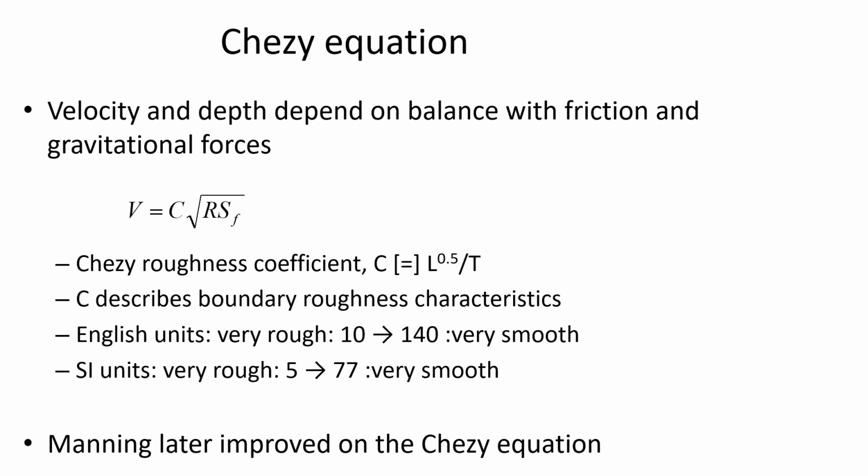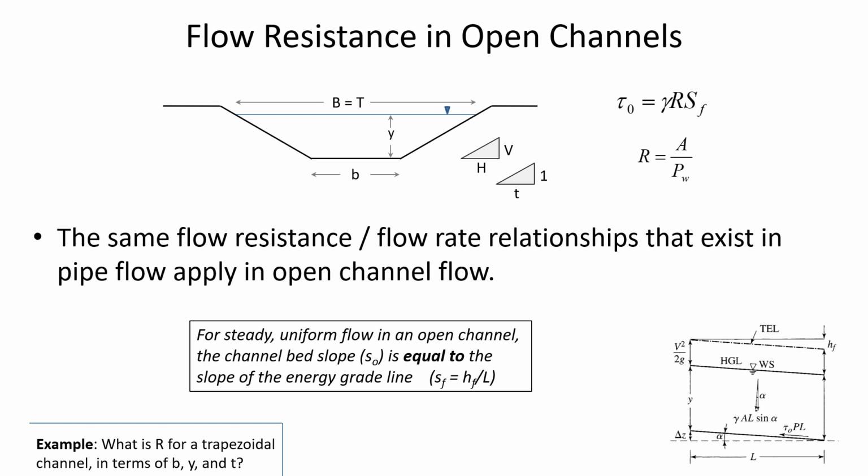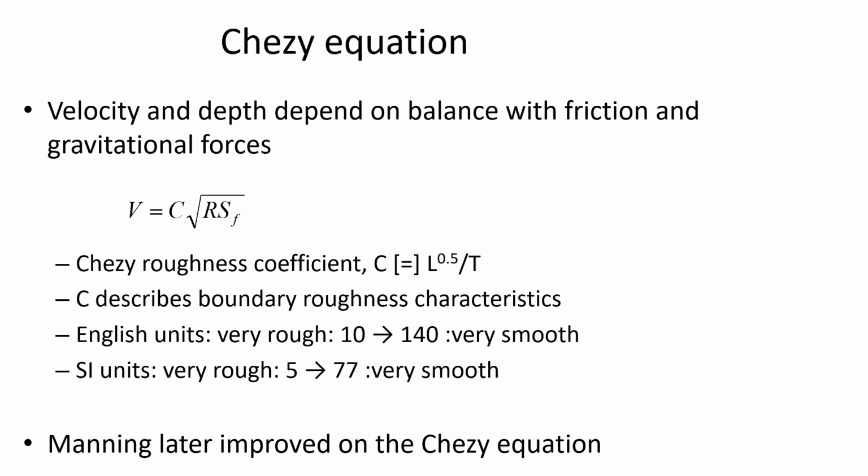Okay, empirical resistance formulas. We want to have a way that we can predict how much energy is going to be lost when water is flowing through pipes or through channels. We don't want to always have to measure it. You can't just build a pipeline without knowing how it's going to perform in terms of the lost pressure as water's flowing through there.